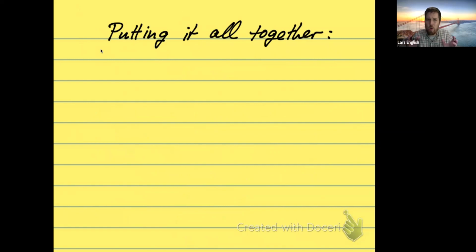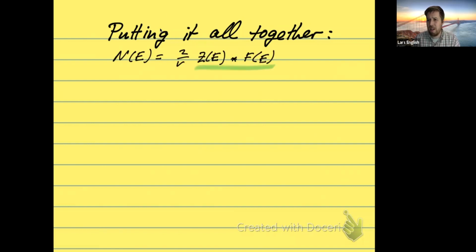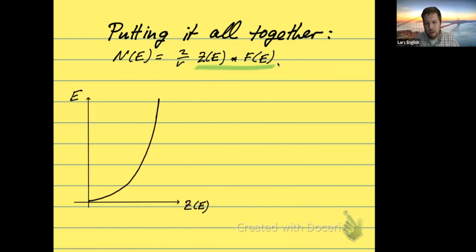But we're now ready to put all the pieces together and see what we get. We said earlier that the population density of electrons is given by this product, where this is the density of states, and this is the probability distribution for a state being occupied. We already saw that if I plot Z of E against E, I get this square root behavior.